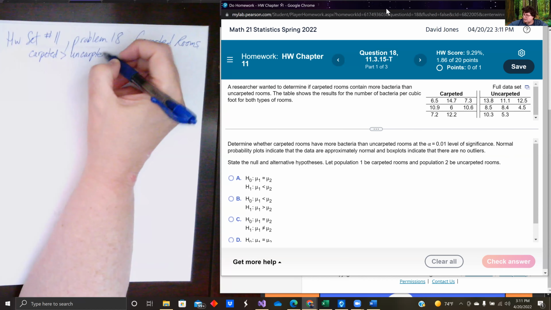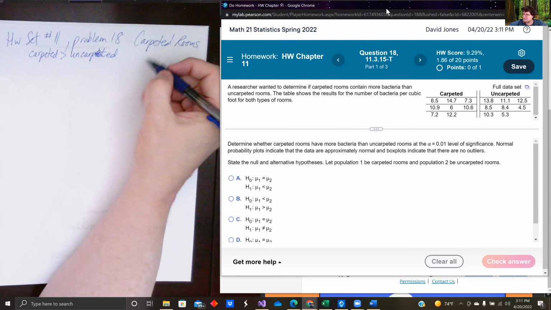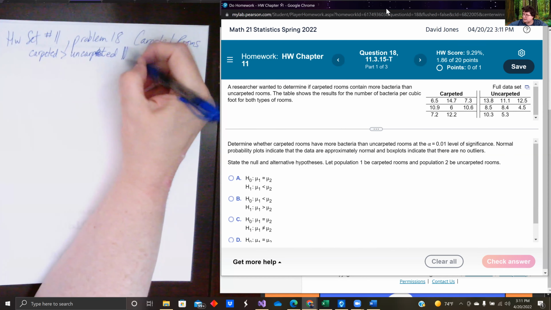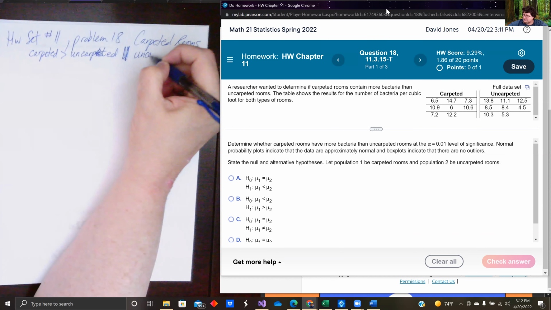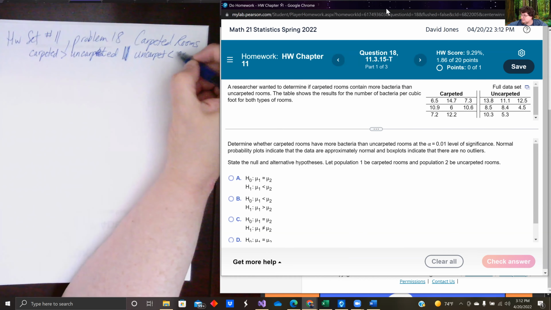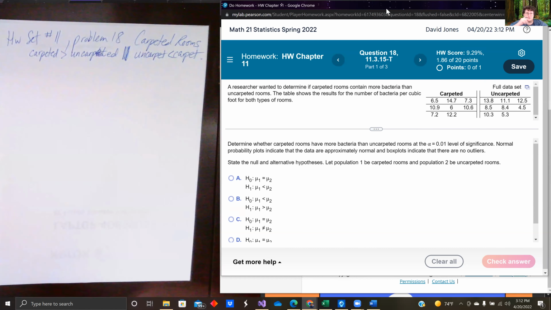And depending on how they want to force us to write this, if we switch the order around, this could also be uncarpeted is less than carpeted. I'm not sure where they're going to want me to go on this yet. They always make us pick.